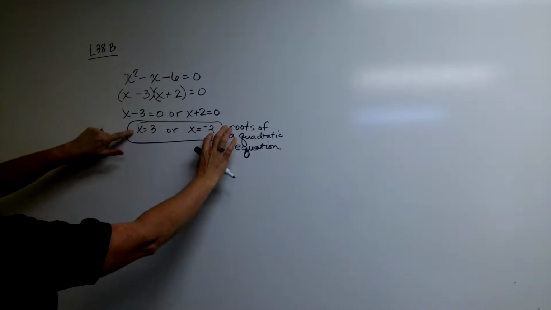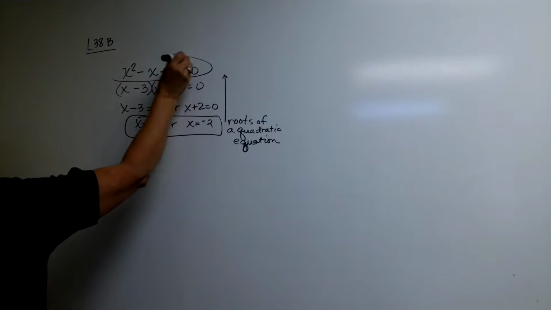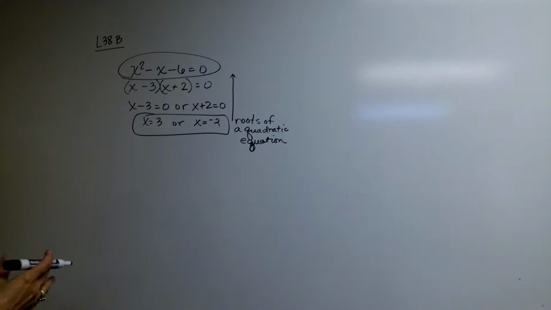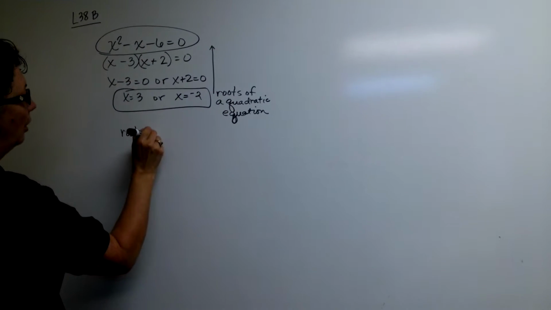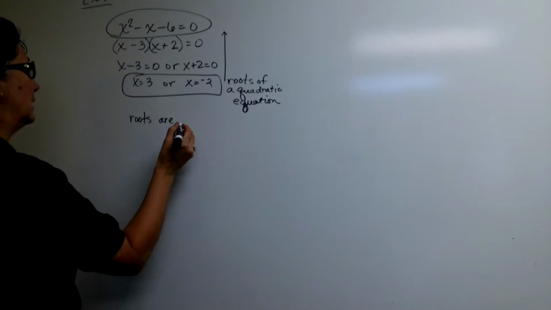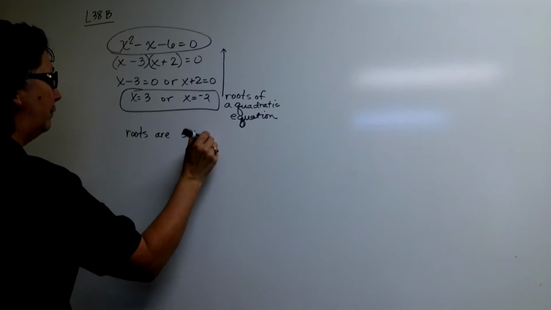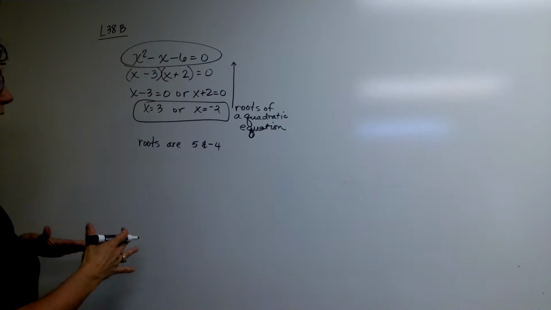Now, if we know the roots, we can go in reverse order and find the quadratic equation that belongs to those roots. So if I told you that the roots are, let's make it 5 and -4, what is the quadratic equation?